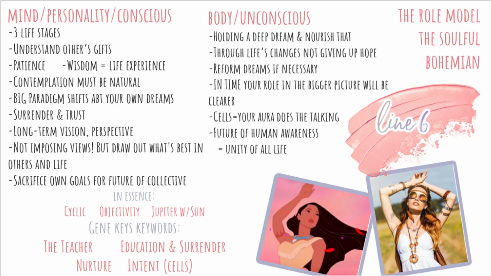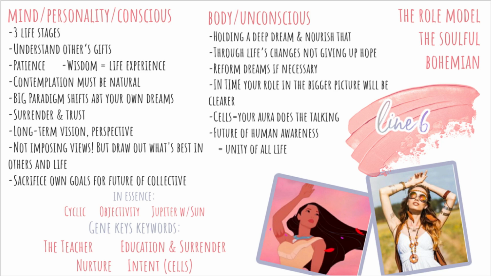So if you have the sixth line in your body, and it's going to be part of the radiance or the purpose in the Gene Keys, these people are here to hold a deep dream and to nourish that in their body. Through life's changes, they're here to not give up hope, even if sometimes they have to reform their dreams, or reinvent or recreate their dreams.